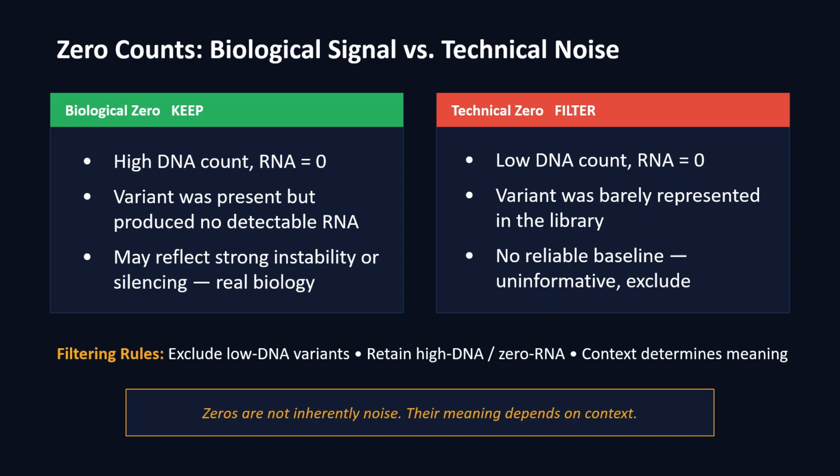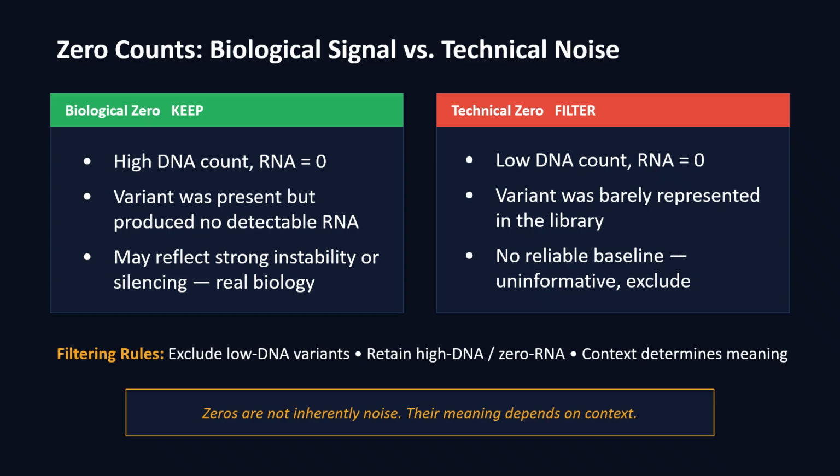If a variant has high DNA counts but zero RNA, that means it was clearly present in the library, but no RNA was detected. So this can reflect strong instability or extremely low expression. These zeros may represent real biological effects and should not be automatically removed.